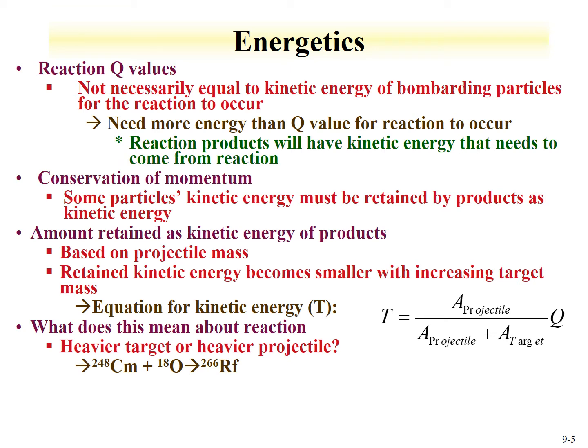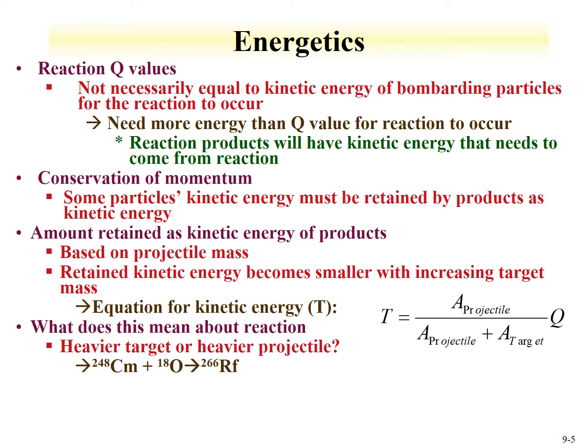So in other words, all the energy of the system that's defined by the Q value is not necessarily available just for the reaction. Some has to go into moving the resulting products. And the amount that's retained as kinetic energy of the products is based upon the projectile mass.